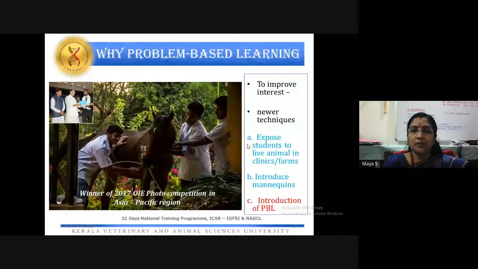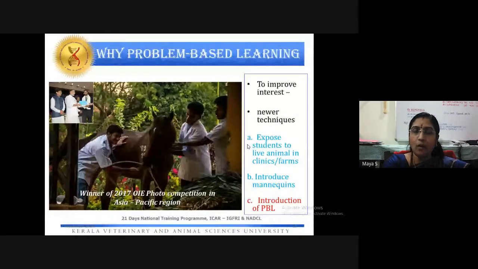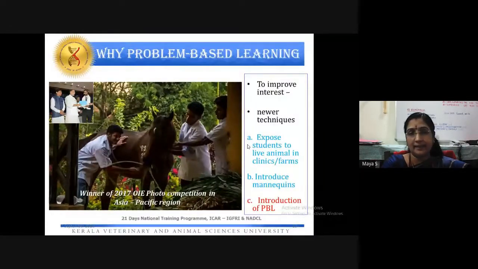So whenever a student is admitted to our course, it is our duty to check whether they have an aptitude for our course. How will we check it, or how will we modify that aptitude of the student? That is by improving the interest in the course by implementing newer techniques.